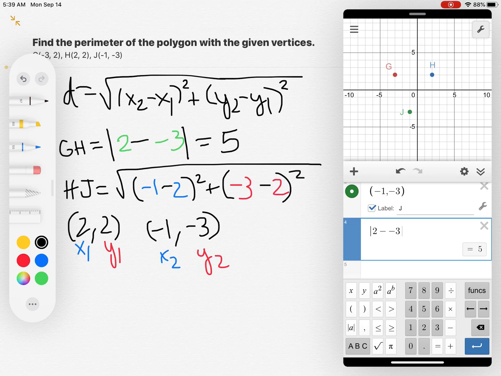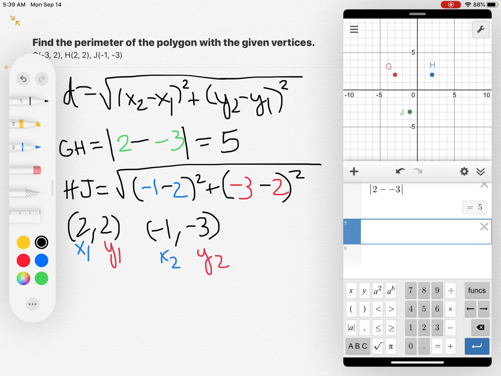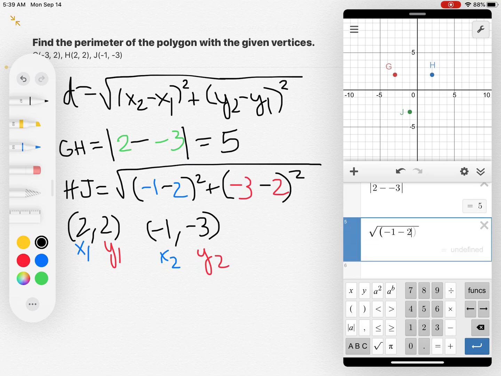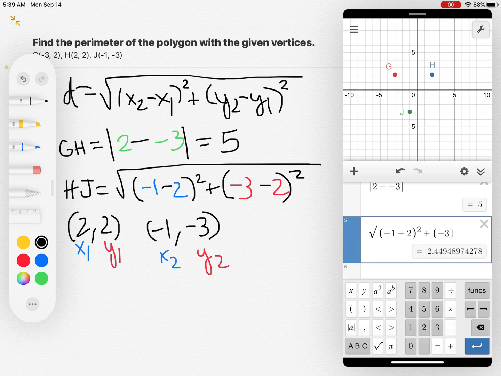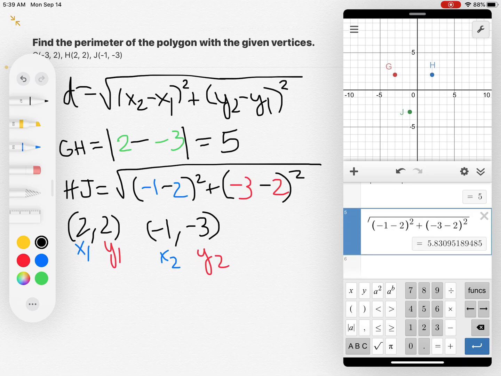And like we've done before, we can put that in Desmos. So type in the whole thing very carefully, big square root, in parentheses, -1 minus 2 squared, plus parentheses -3 minus 2 parentheses squared, and it gives us a decimal, so we're going to round that, and I'm going to give us a little room to write that here.